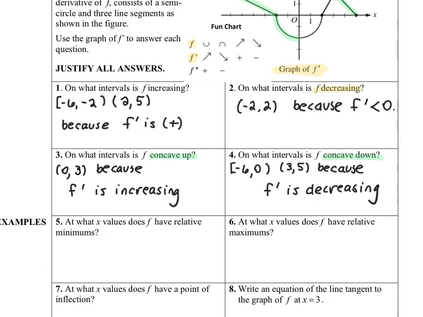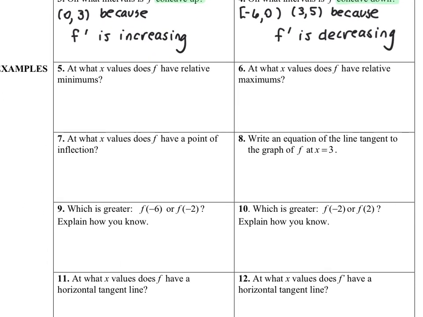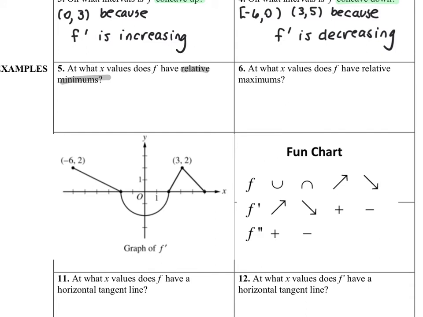Question number 5 wants me to look at the graph of f prime and say where f has relative minimums. In our fun chart, we identified this in-between column is where a max would be occurring. When the opposite happens, that's where a min would occur. F would go decrease to increase, and my f prime would go negative to positive.